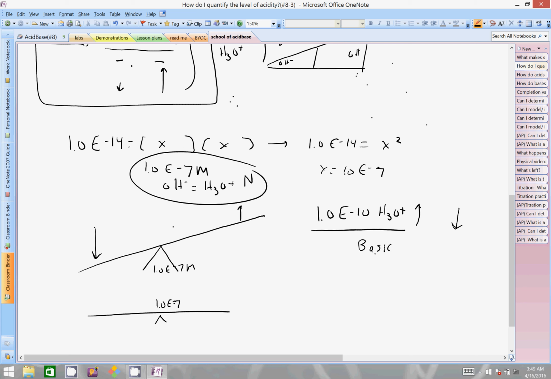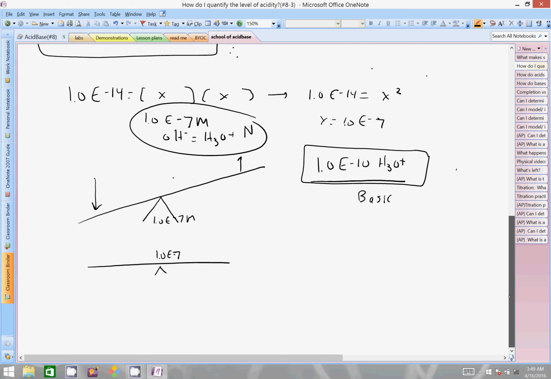All right. Again, you always have H plus ions and you always have hydroxides. Just because I only discussed the H3O plus ions doesn't mean that I only have those. Every single solution will contain both H plus ions and hydroxides. It's just a matter of how many.